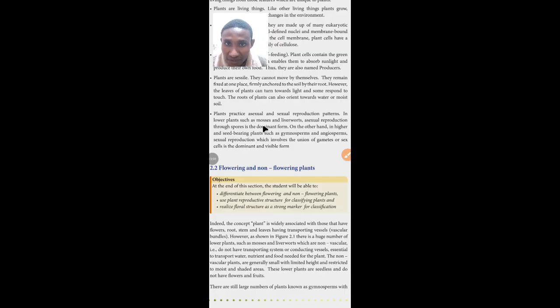In lower plants such as mosses and liverworts, asexual reproduction through spores is the dominant form. Through what? Through asexual reproduction. Through what? Through spores. On the other hand, in higher seed-bearing plants, such as gymnosperms and angiosperms, sexual reproduction, which involves the union of gametes or sexual cells, is the dominant and visible form.